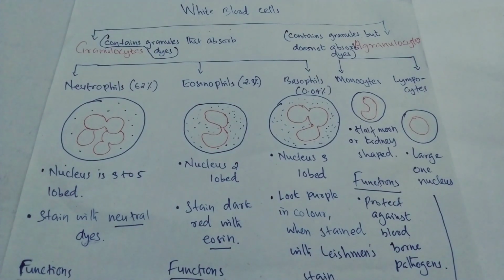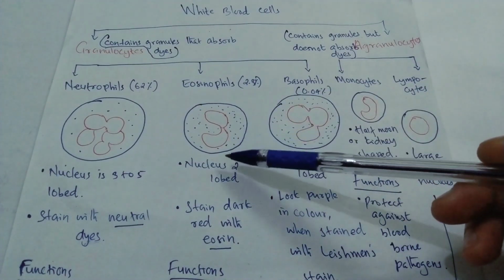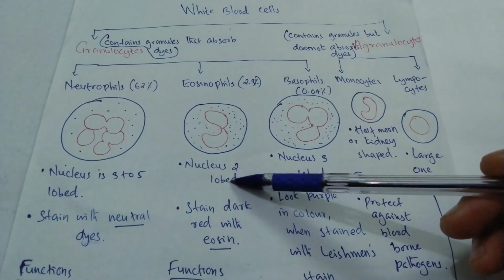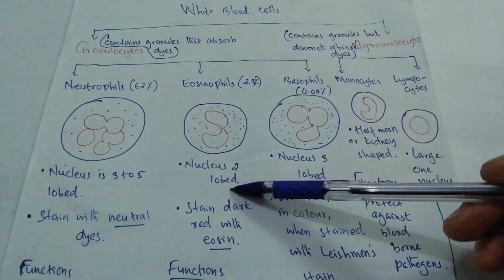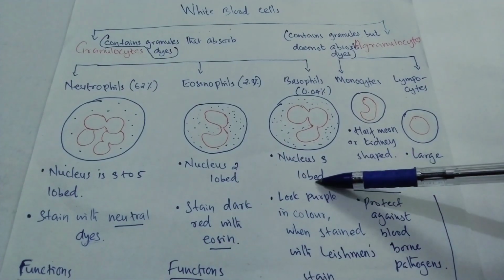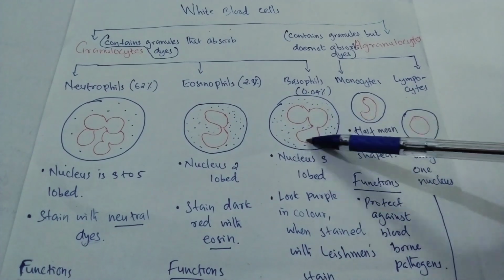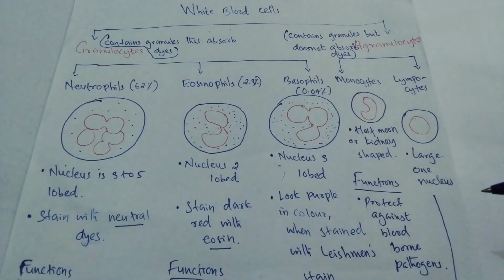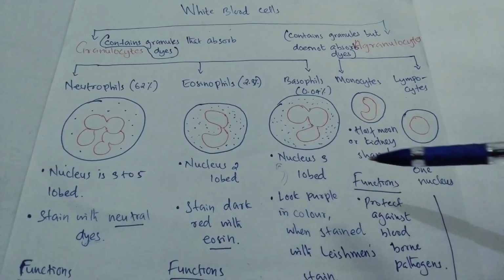And eosinophil has a two-lobed nucleus, bilobed, 1 2. And basophil has a three-lobed nucleus, 1 2 3. Sometimes the nucleus is in S shape.